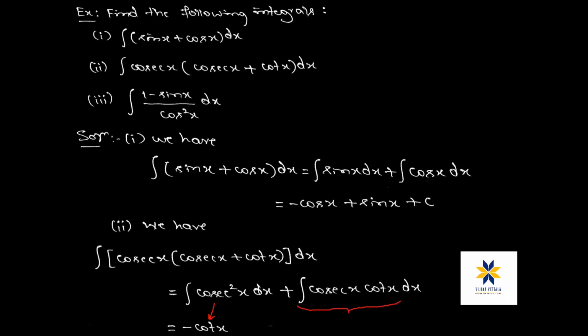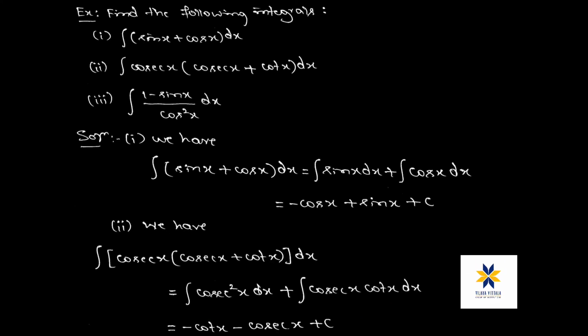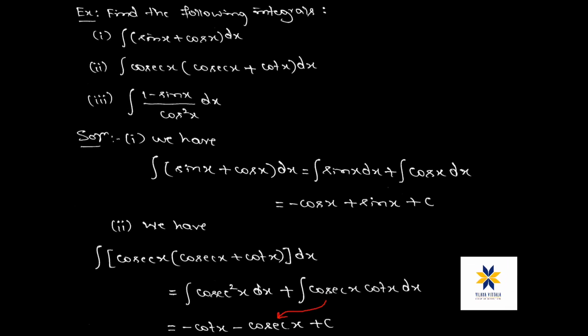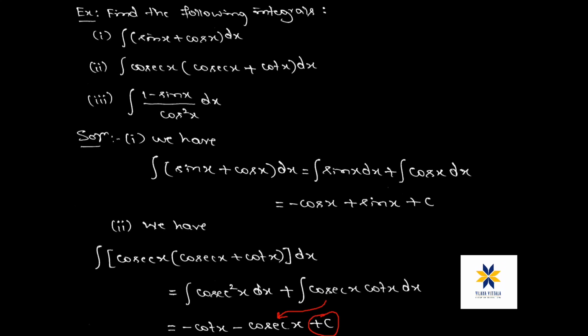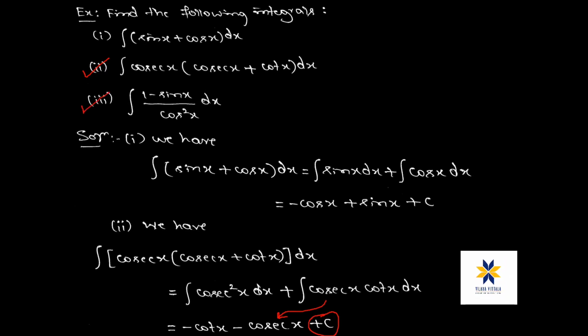Yes, students, can anyone tell me what is the integration here? Yes, it is minus cosecant x plus integration constant c. So we are done with question number 2 as well. Now let us start with question number 3.